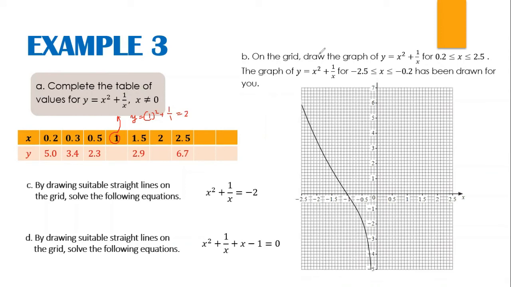Is it clear to you? We got 2 here. And then when x equals 2, in the same way, we just insert it into the function and we find it is 4.5. Everything is done, our table is already complete.